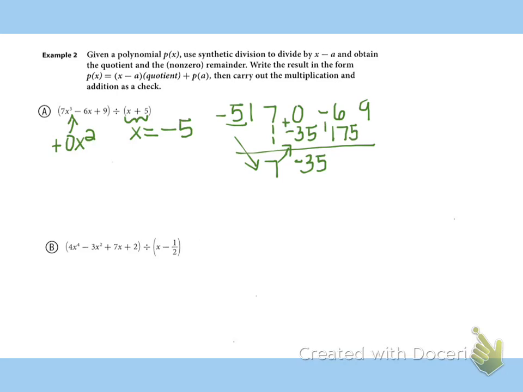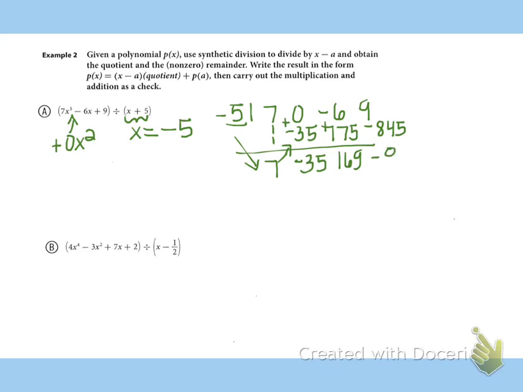Now that sum turns out to be 169. 169 times negative 5 is negative 845. When I add the negative 845 and the 9, I get negative 836.